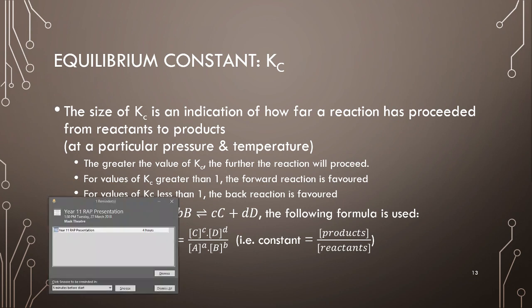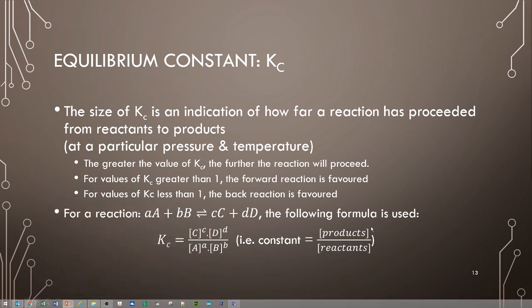Kc will be found by taking the concentration of all the products, using the coefficient as an exponent of the concentration, and dividing by all that of the reactants. So products are always on top, reactants at the bottom.